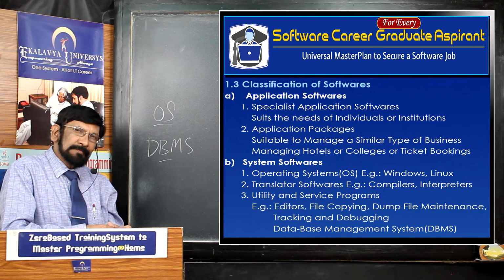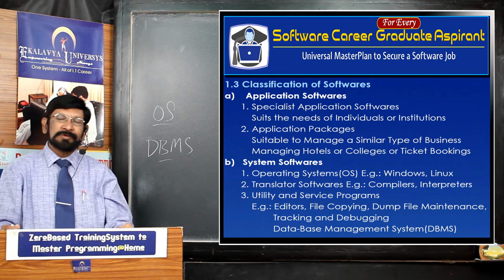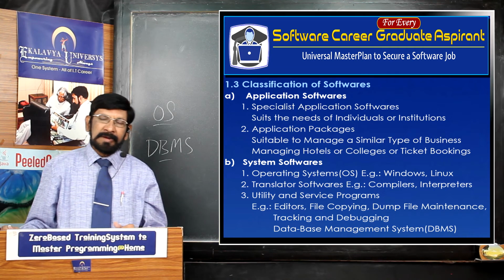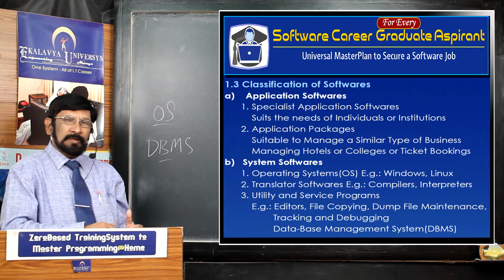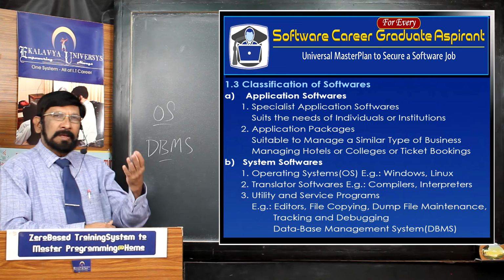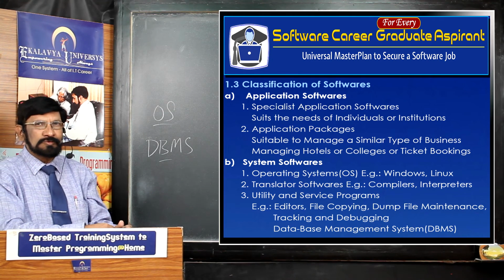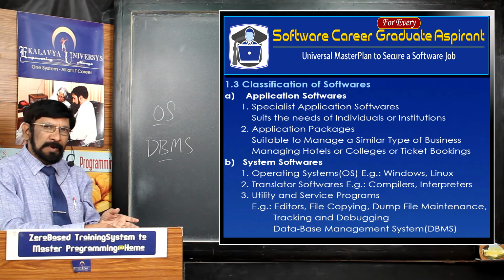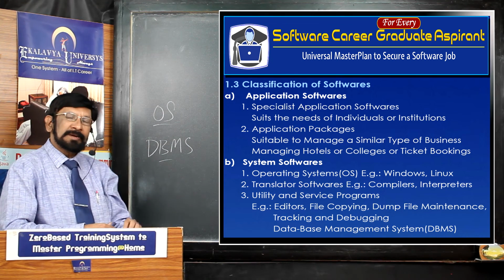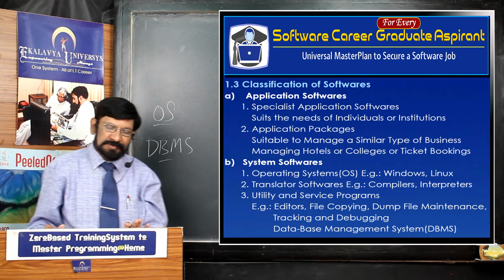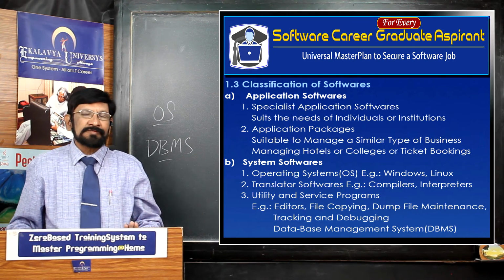How can you manage them? For example, say there is a voters list. In India, one crore voters are there. Then what do you do? If they are all simply listed, there is no use. It should be managed properly. For that purpose, what is required? DBMS, database management system.